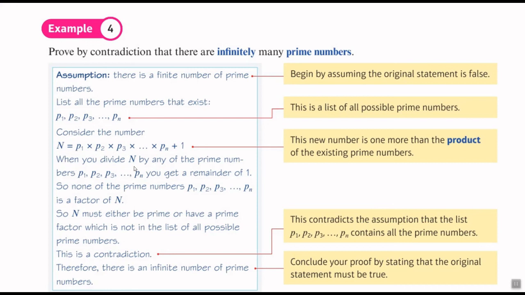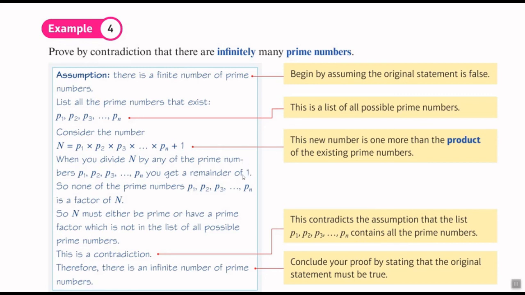So when you divide capital N by any prime number p1, p2, p3 up to pn, you get a remainder of 1. So none of the prime numbers p1, p2, p3 up to pn is a factor of N. So why?